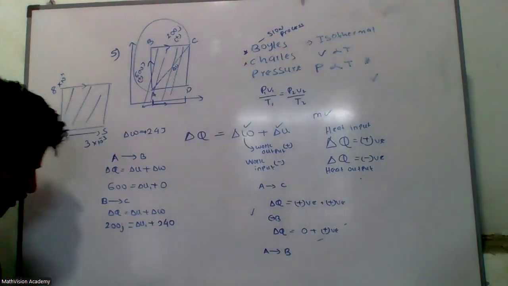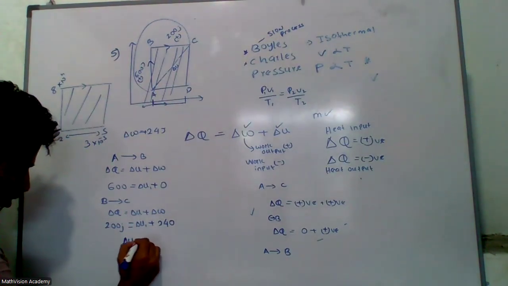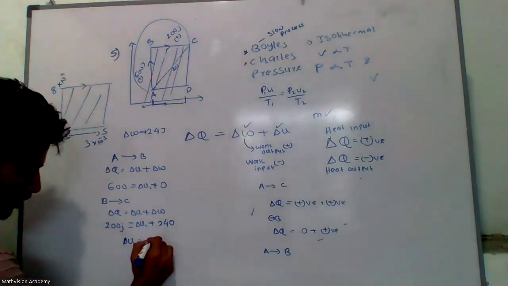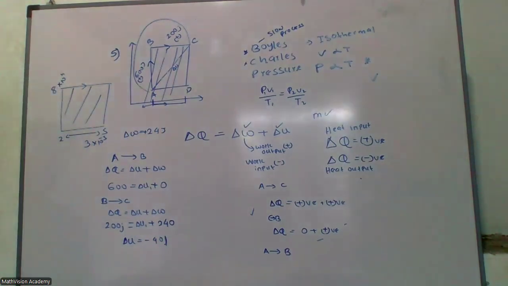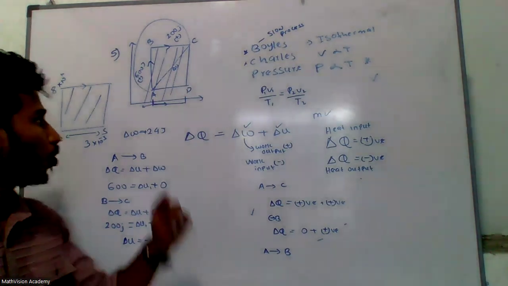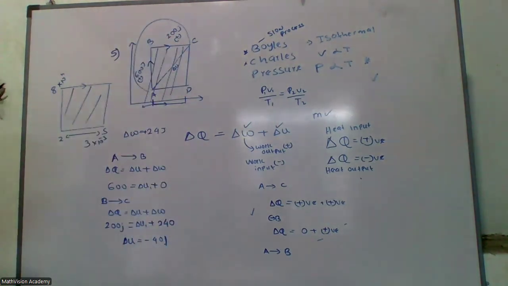So you can find that the internal energy change is minus 40 joules. Minus 40 joules. So the overall internal energy change from A, B to C will be the addition of these two answers.